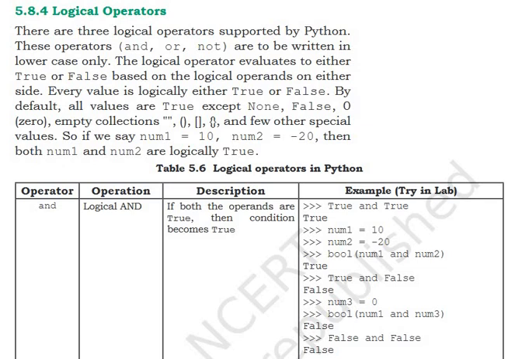Look at that, and: if both the operands are true, then the condition becomes true. So true and true is true. True and false is false. False and true is false. False and false is false.